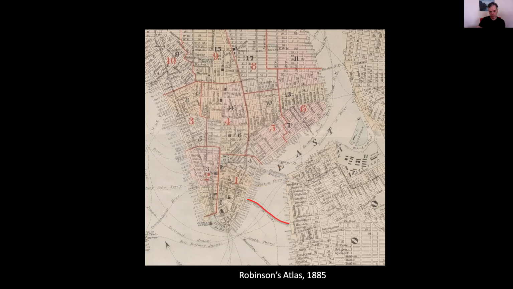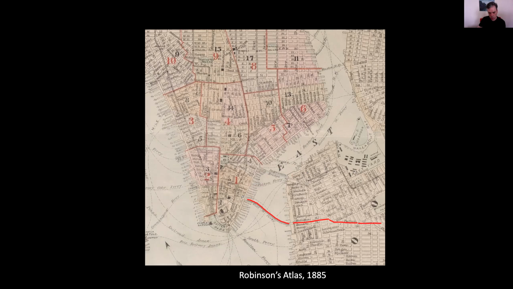So here's the Wall Street Ferry. That was another really important ferry. It connected to Montague Street, which became like the main drag of Brooklyn Heights, and still is that kind of main street of Brooklyn Heights with shopping and restaurants and things like that. And then it was just a quick connection to Fulton Street, you see here.